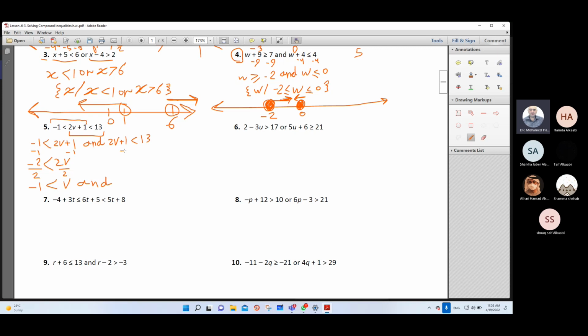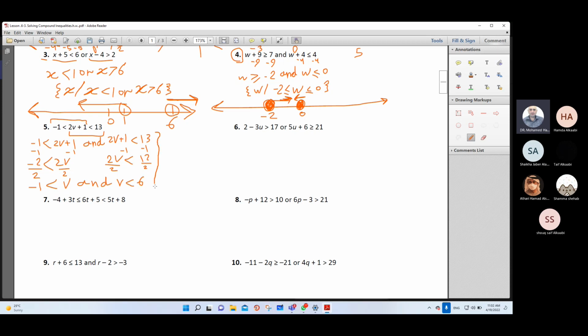Remove 1 from this side, so you can subtract 1 from the two sides. Plus 1 and minus 1 will be 0. Remains here 2v less than 13 minus 1 will be 12. Then divide the two sides by 2. 2v divided by 2 will be v less than 12 divided by 2 will be 6.